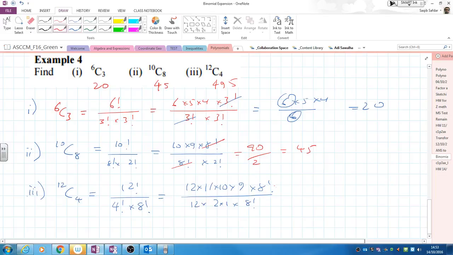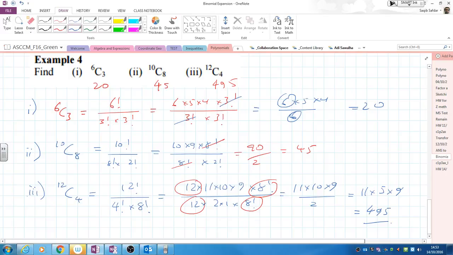And so straight away I can cancel the 8 factorials off, cancel the 12s off, and from here I can see I'm going to get 11 times 10 times 9 divided by 2, which is 11 times 5 times 9, which will give me 55 times 9, and that should give me 495.